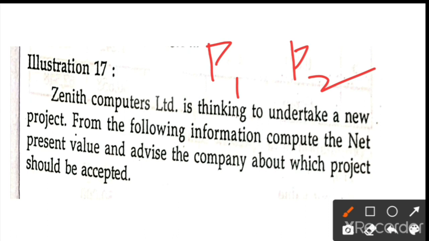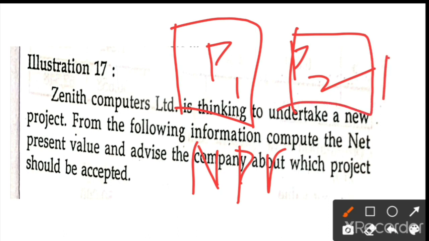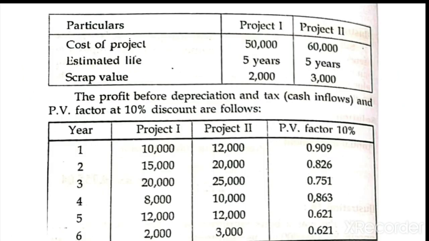Among project 1 and project 2, which is the best from the company's point of view, you have to suggest. Before suggesting, first you have to calculate the net present value of project 1 and the net present value of project 2. Is it clear? I think you are getting the problem.